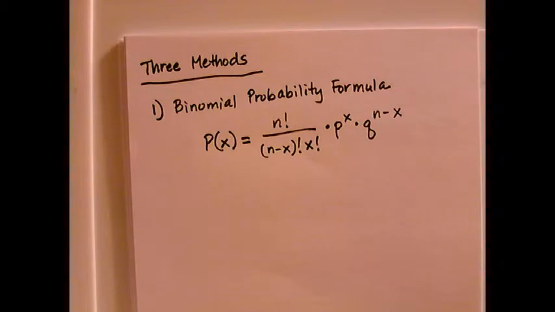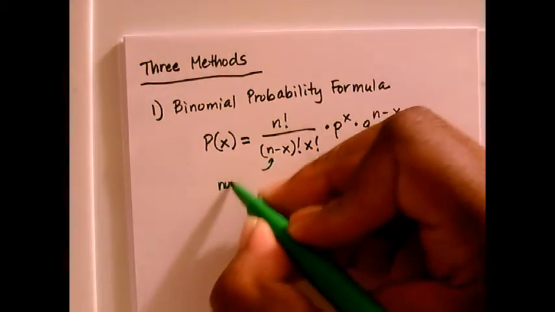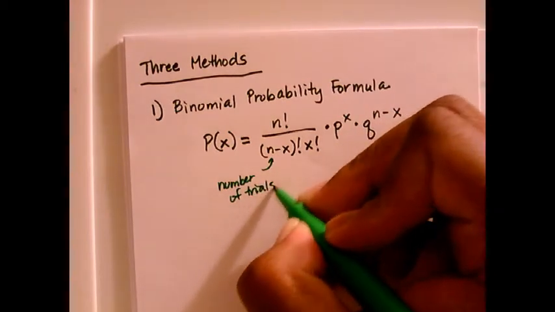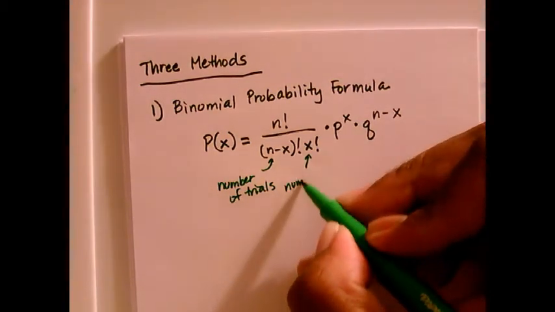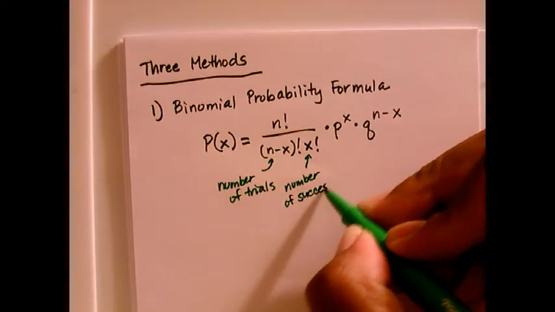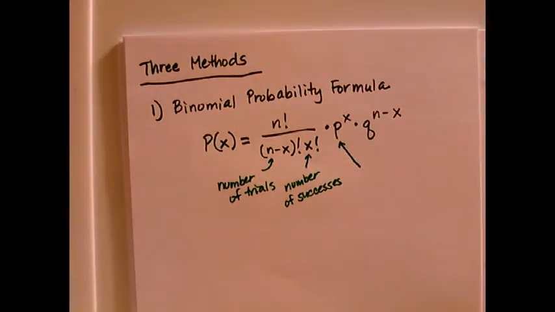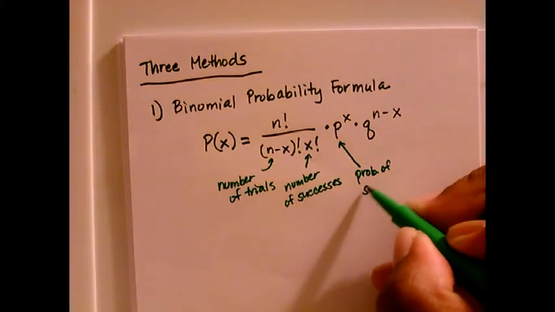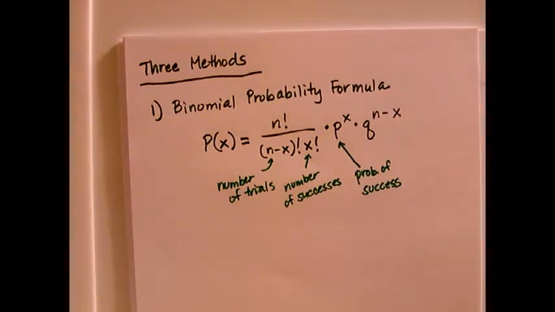Okay, the n, of course, is your number of trials. The x, that's the number of successes. The p is your probability of success, and that's usually going to be in one trial.